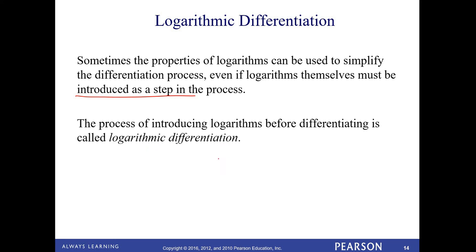One of the nice rules that we have about ln, if we have ln of x cubed, remember, our power rule allows us to bring that power down to the front.